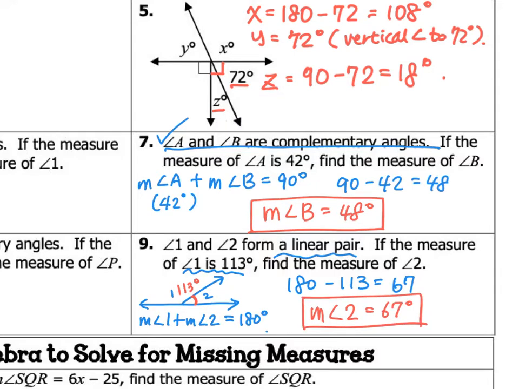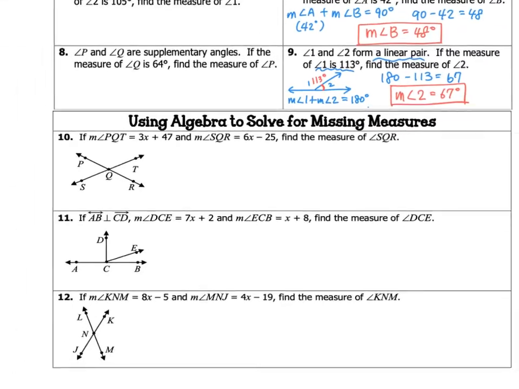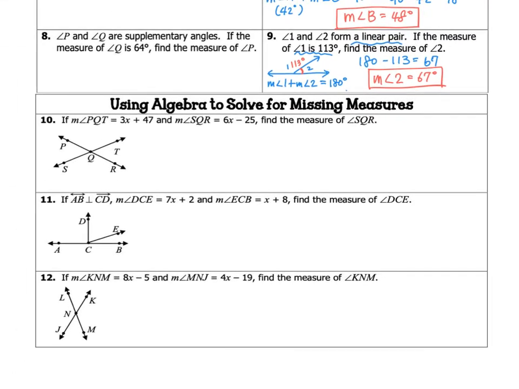So the last question, number 11. If line AB and line CD are perpendicular, how do I know they are perpendicular? Do you see the symbol between AB and CD?